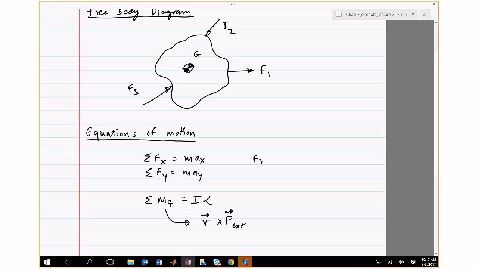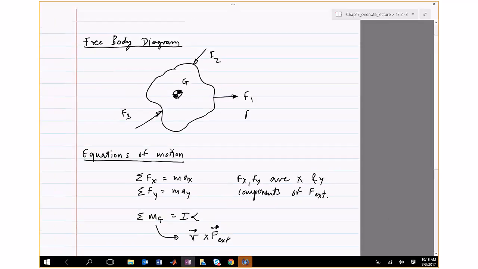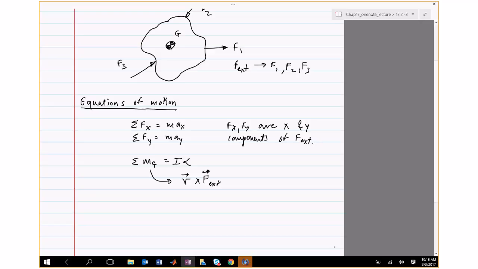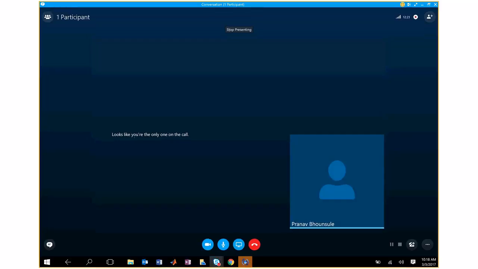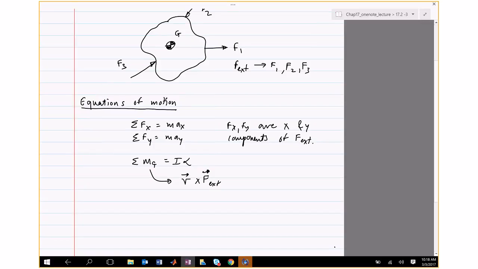These Fx, Fy are the x and y components of F external, and F external is nothing but F1, F2, F3. Is it v cross F? It's r cross F.